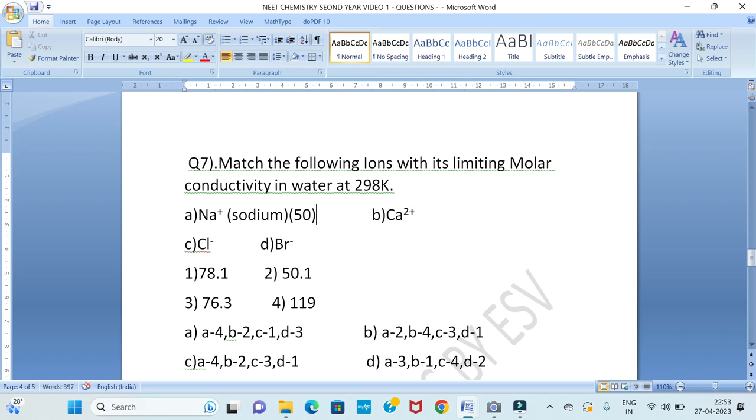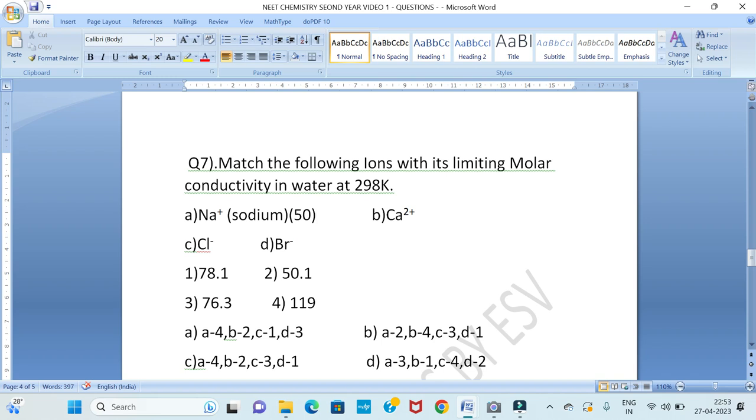The keyword is sodium, so S is like 5. O I'm taking as 0, so 50. The approximate value is 50.1, A2. Like that you can remember. Sodium is the keyword, 50 is the keyword.